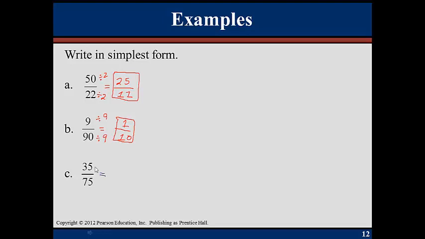They both end in 5, so we know we can divide by 5. And 35 over 5 is 7, and 75 over 5 is 15. And that's in simplest form. We have 7 over 15.